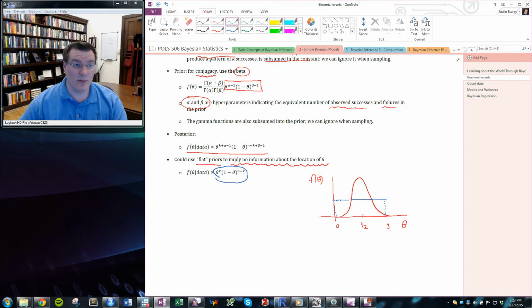The prior is entering as a constant. And in fact, in this case, typically what's going to happen is that the Bayesian result is going to be very similar in some ways to the maximum likelihood result.